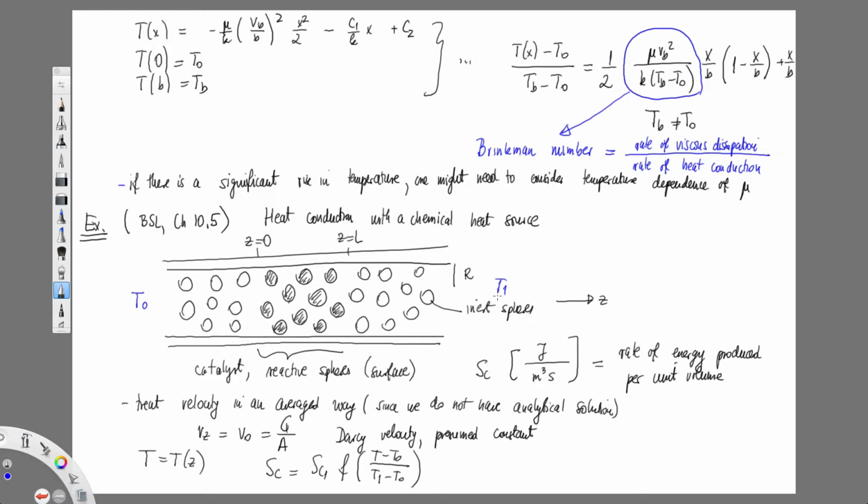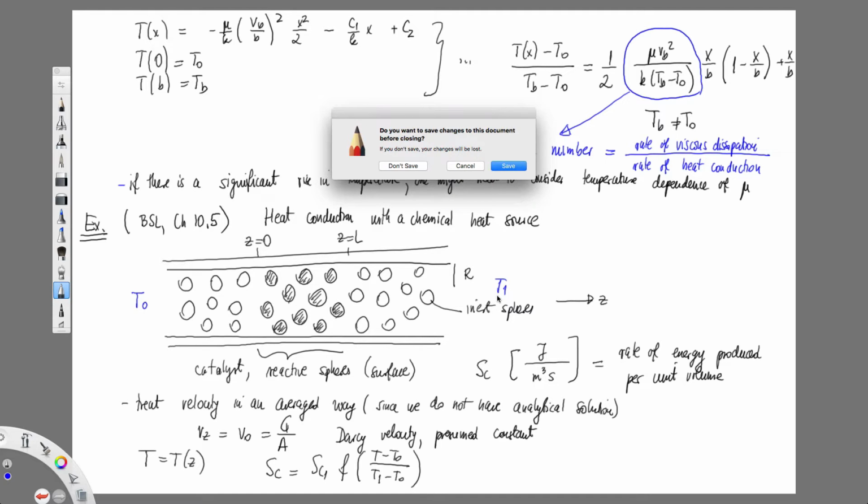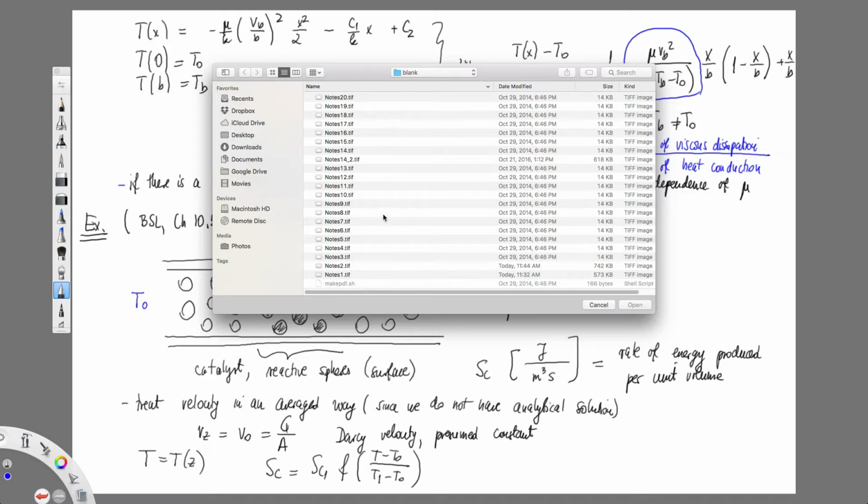Let's now do the energy balance. My energy balance on a segment from z to z plus delta z, with some constant cross-sectional area Az, is what?